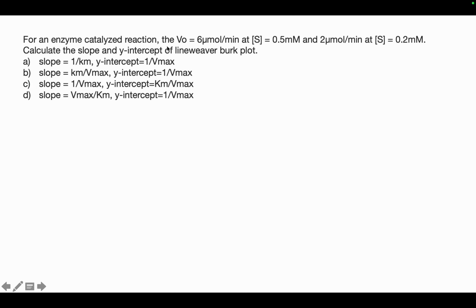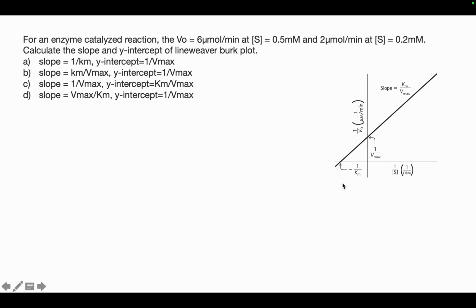For an enzyme catalyzed reaction, V0 initial velocity is 6 micromole per minute at substrate 0.5 millimolar and 2 micromole per minute at substrate 0.2. Calculate the slope and y-intercept of the Lineweaver-Burk plot. So this is our Lineweaver-Burk plot here.